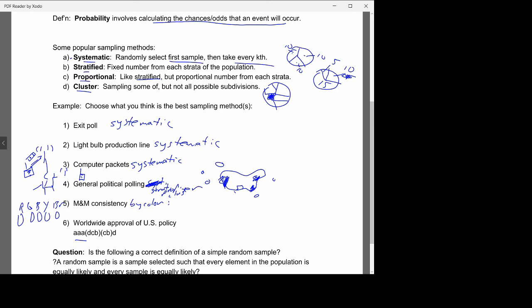So you're going to want to do some kind of stratified, some of each color, or proportional, like maybe there are more red ones and more brown ones in there for some reason. I think there are, actually, if you count them. You'll want to proportionally see more. So maybe you'd say stratified or proportional. And you probably wouldn't want cluster sampling. You don't want to leave out the yellow M&Ms, because then if you end up with a bad batch of yellows, you would never know.